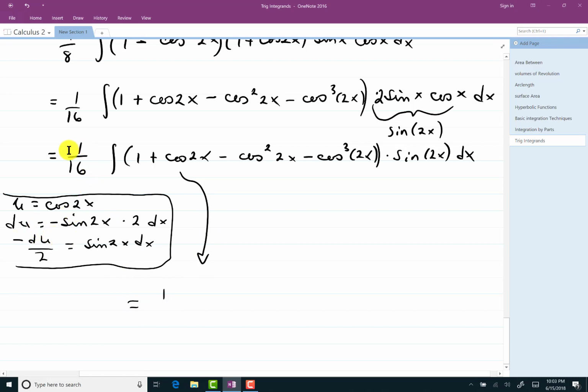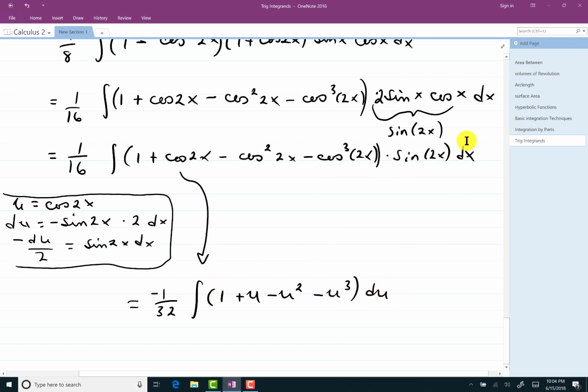So this becomes a negative du over 2. So I'm going to have negative 1 over 32. And then I'm going to have 1 plus u minus u squared minus u cubed du.